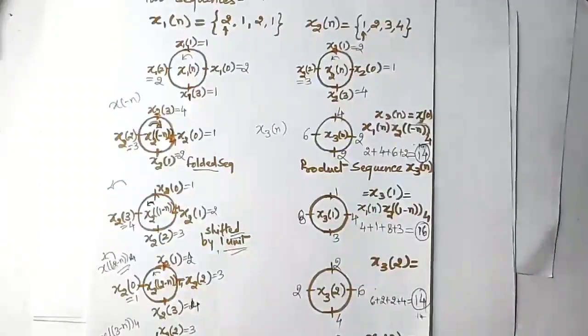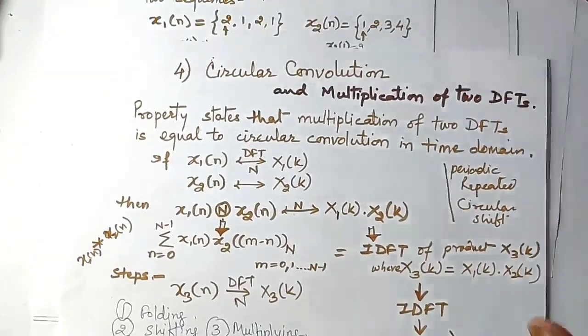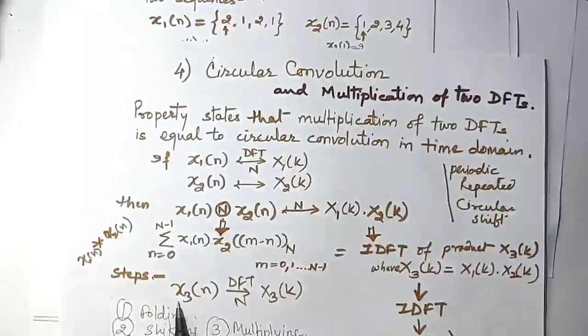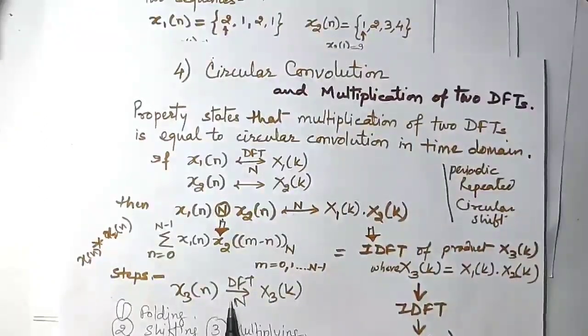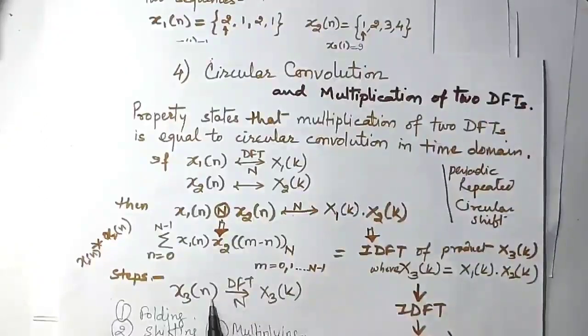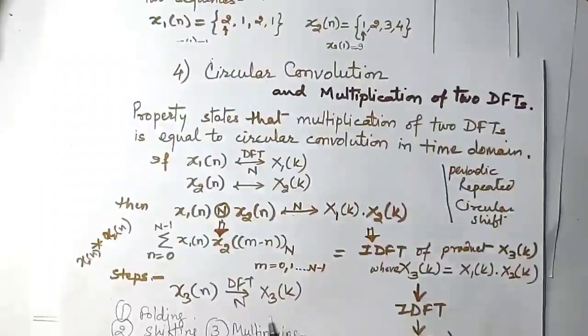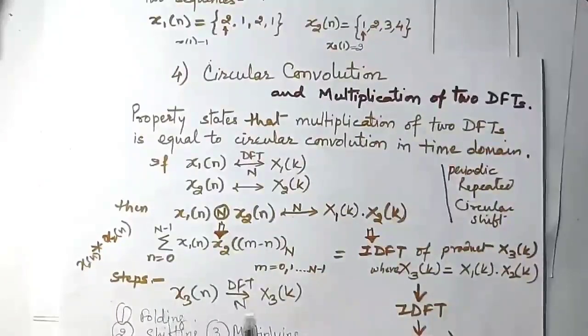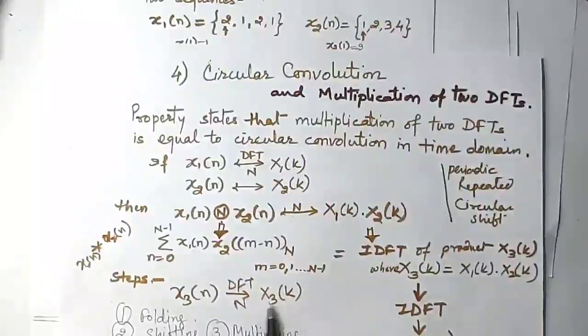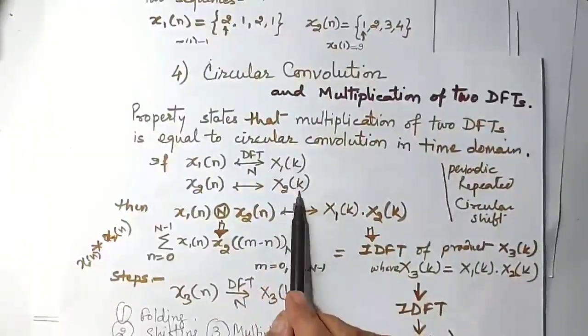Now the step says, as we get this x3(n), then compute its DFT if we want x3(k). Otherwise there is no need, because we have to deal with x3(n). So it is circularly convolved, and this is x3(n). If we go for another method, then the individual transforms can be calculated.